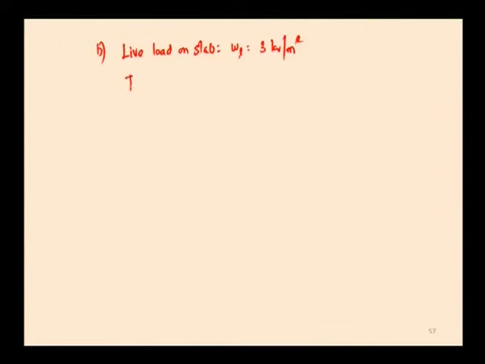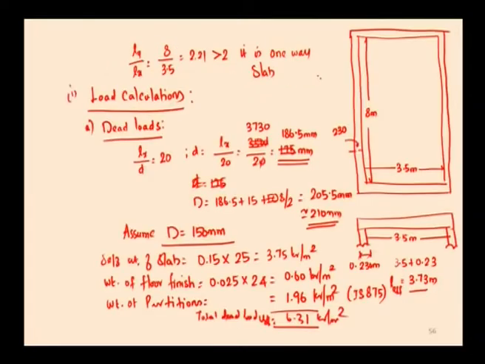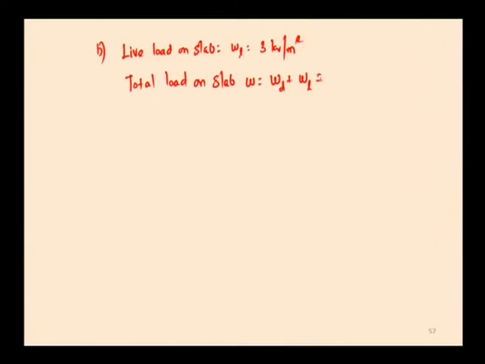Now, second, total load on the slab. Total load on slab, W is equal to WD plus WL, that is equal to 6.31 plus 3, 9.31 kilonewton per meter square. This is the total load acting on the slab.